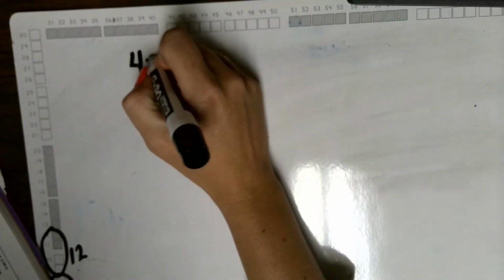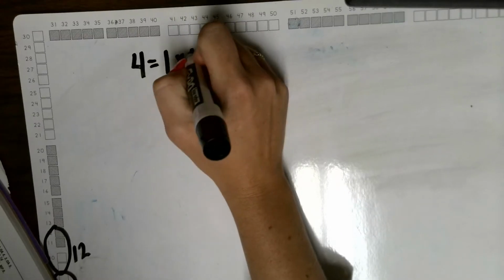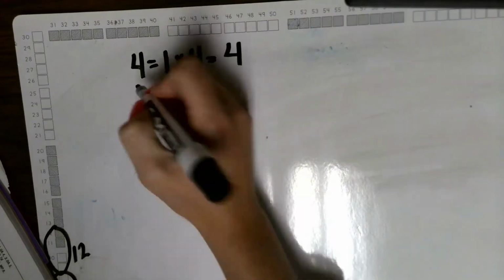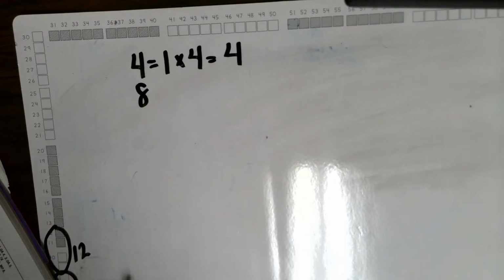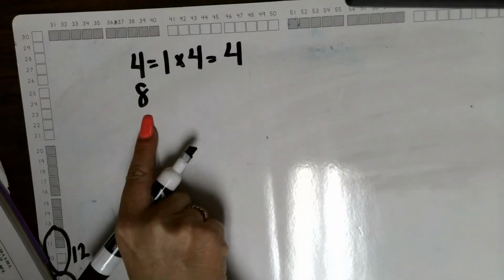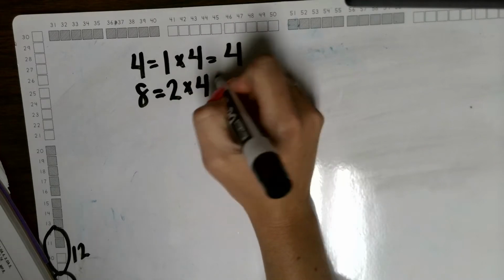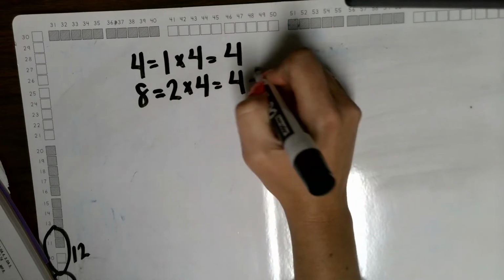So 4 equals 1 times 4, which equals 4. And then the next product, and we would actually call this the next multiple, it is 8, which is 2 times 4, which equals 4 plus 4.